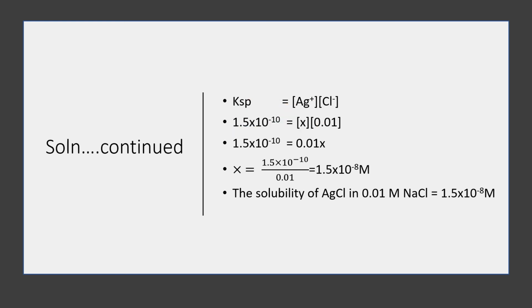Now solving for X, you can get the value of X is equal to 1.5 into 10 to the power of negative 8 M, or the solubility of silver chloride in 0.01 mole per liter of sodium chloride is 1.5 into 10 to the power of negative 8 M, or moles per liter.